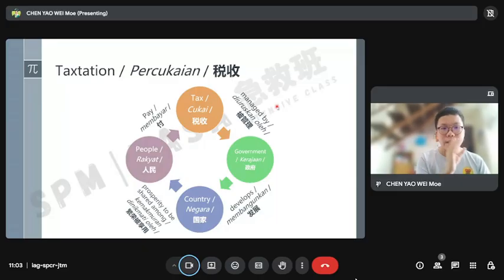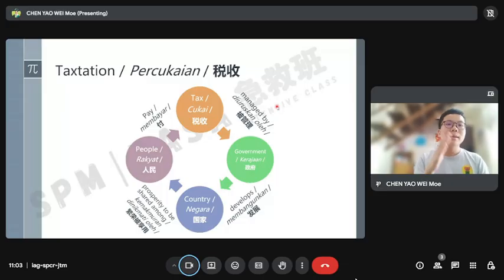Every sector has tax. They use tax to improve each sector's development, either in improving facilities or anything.